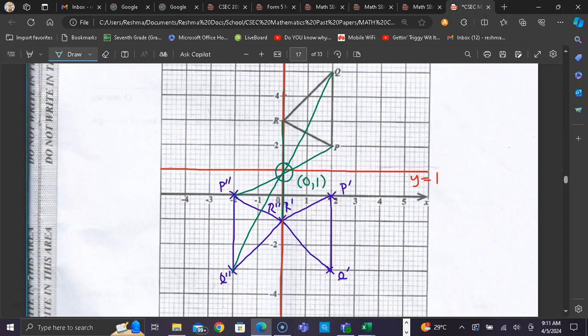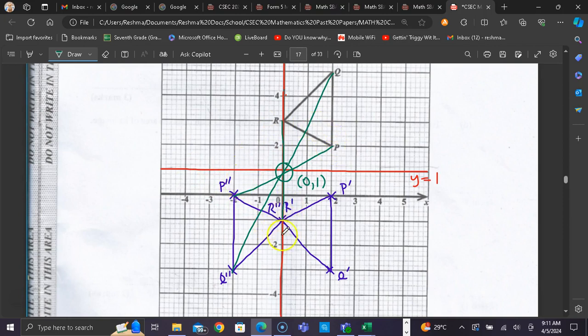All we need to do now is determine the angle of rotation. If this is the center of rotation, P'' will rotate around that point to come to P up here, which is a total 180 degree rotation.